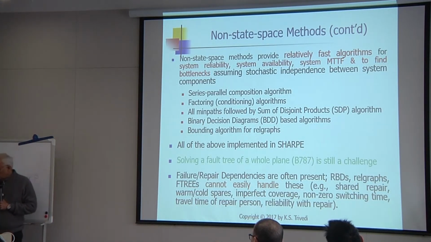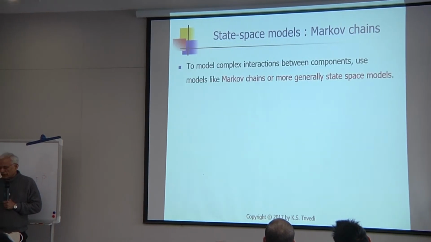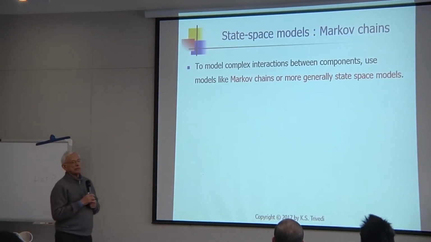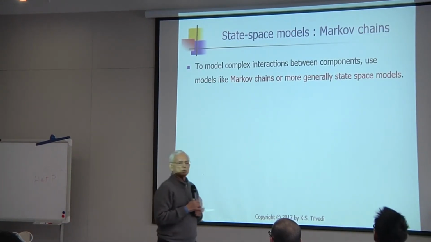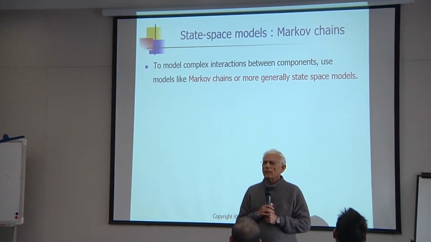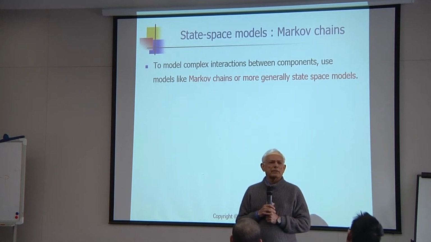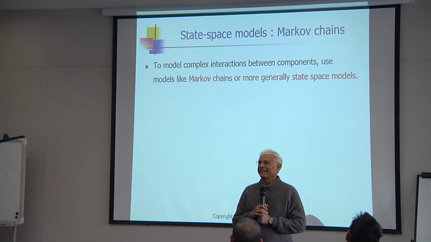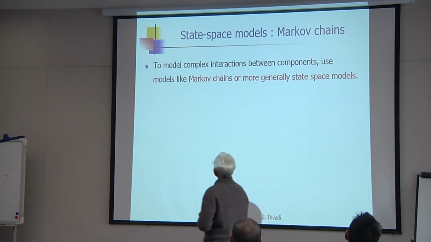And the next thing is going to be state space methods. And when we say state space methods, the first thing that comes to mind in this context is something called Markov chains. If you ask my daughters or my wife, what do I work on, they will say Markov chains. Right? That's all they know.